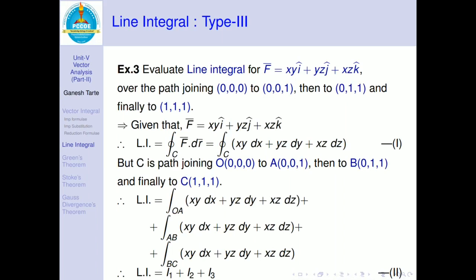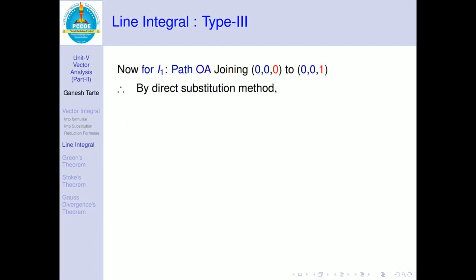So we separately calculate it. For I1, the path joining O to A, (0,0,0) to (0,0,1), observe carefully, only the z coordinate changes, shown in red color, and x and y are constantly 0 in both the points. Therefore we apply direct substitution here.